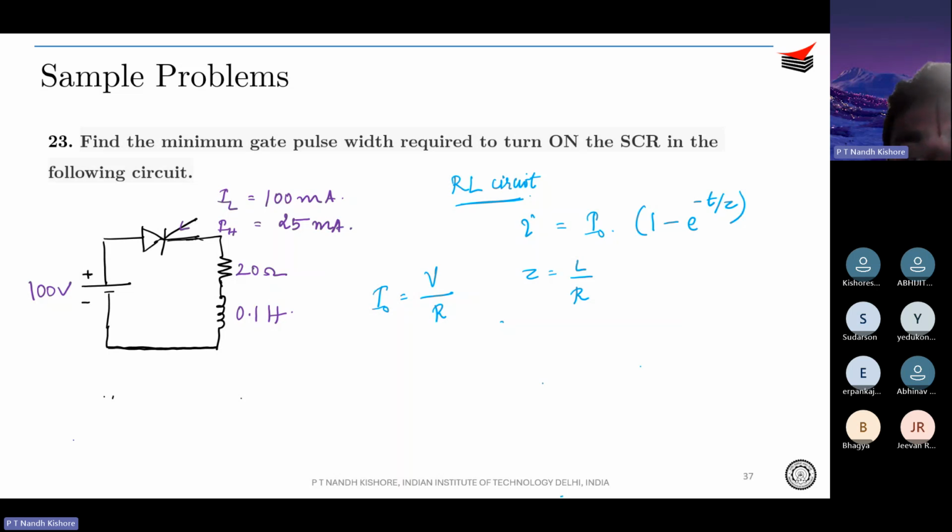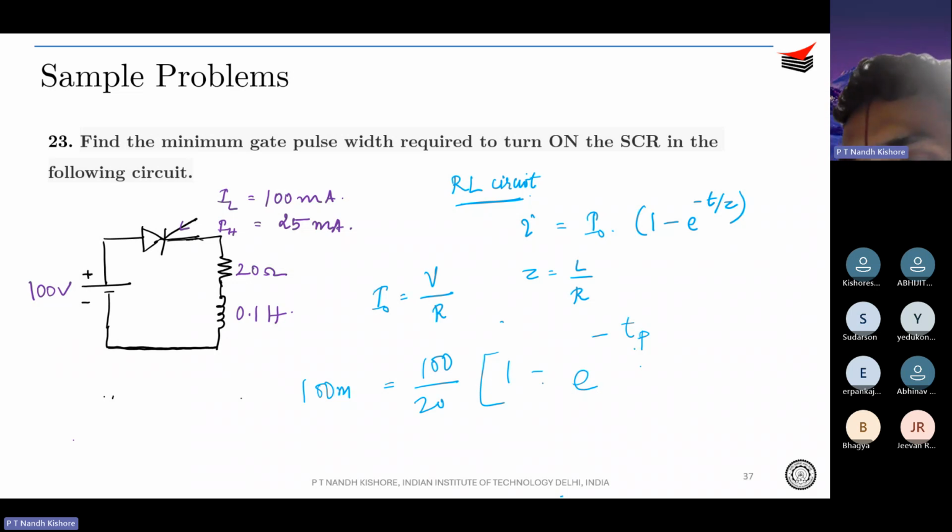So just apply over here. Your I is actually IL. IL is 100 milli, equal to I naught, which is V by R, that is 100 divided by 20, into 1 minus e power minus TP divided by tau. TP is what you need to find out.